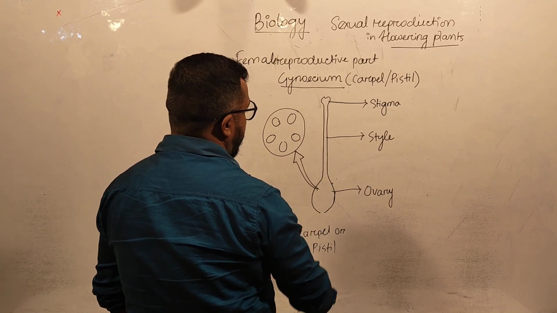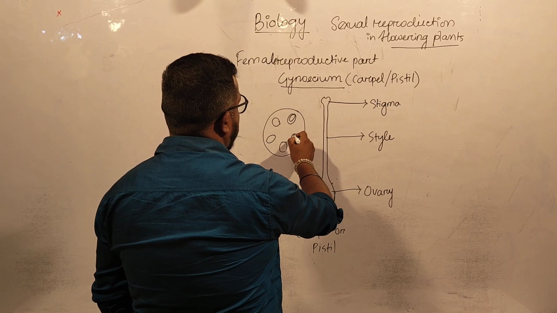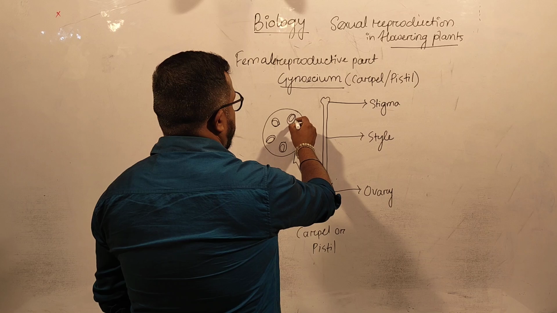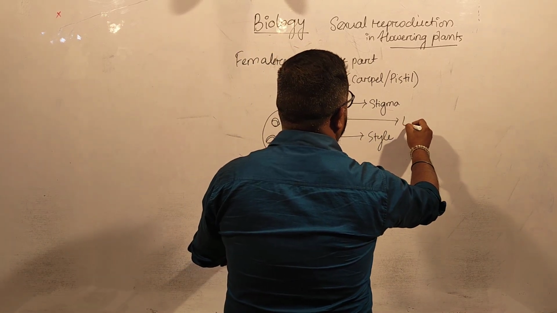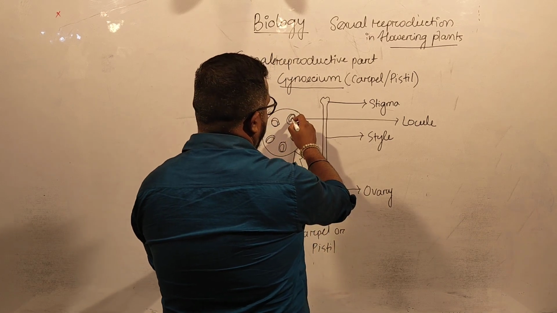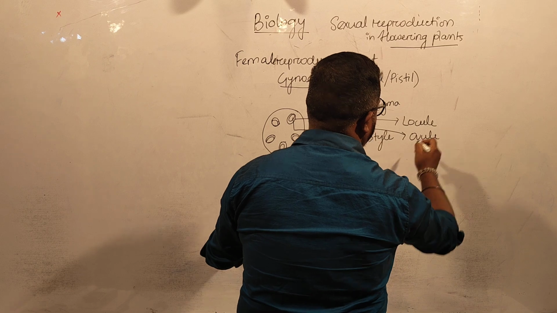Each of these chambers contains certain structures. This chamber is called locule, and the inner structure is called ovule.